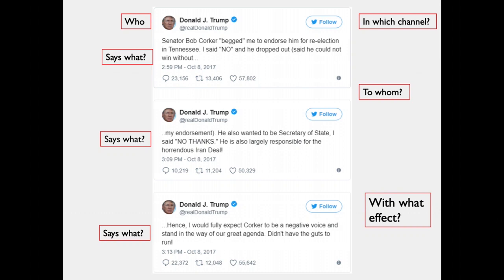So we've got a continuation. "Hence, I would fully expect Corker to be a negative voice and stand in the way of our great agenda. Didn't have the guts to run."